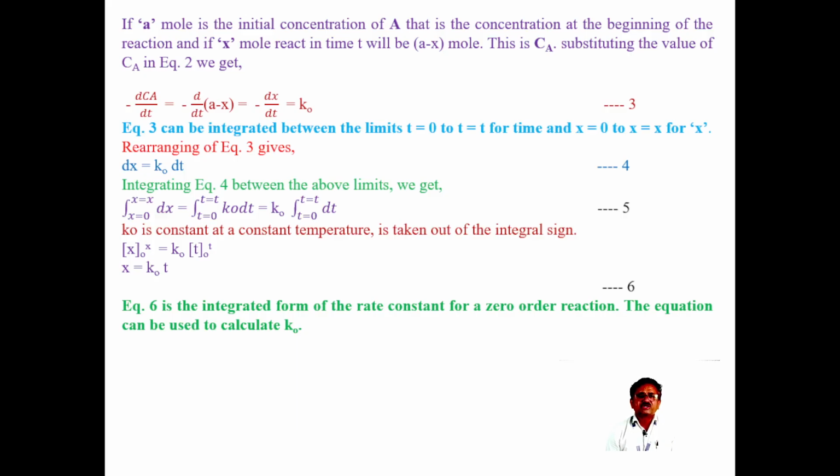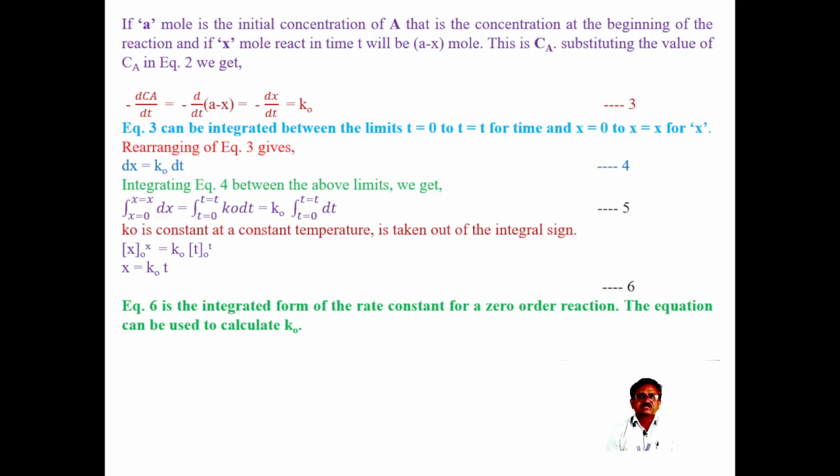I hope you understood that here small a is the initial concentration of A, and small x is the mole reacted in time t, and the remaining concentration after time t will be a minus x mole.